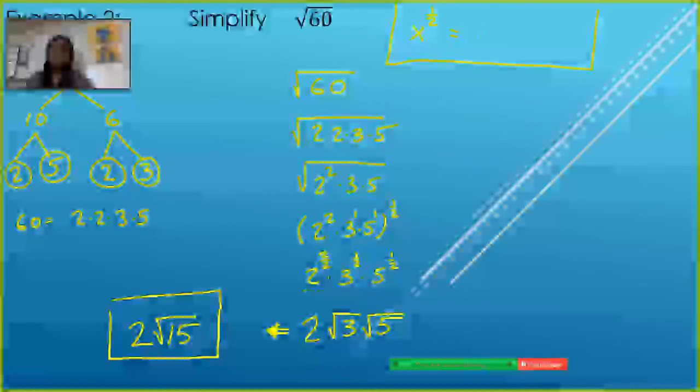X to the 1/2 means square root of X. So we can use that principle back and forward, like both ways. And that's what I did in the last step: I went 3 to the 1/2, I rewrote that as square root 3, and I did the same thing with the 5.